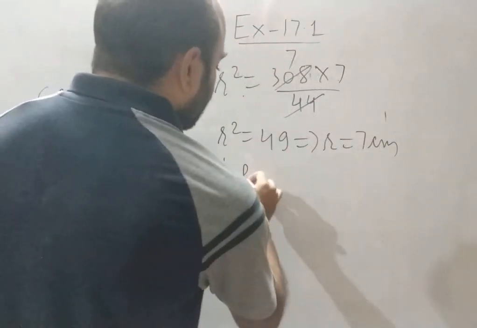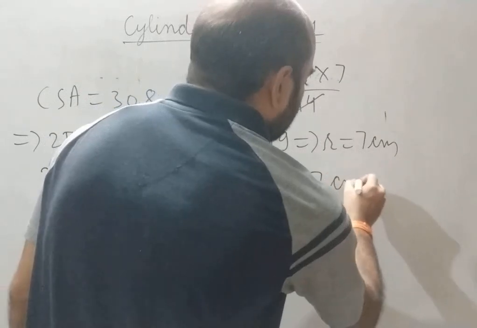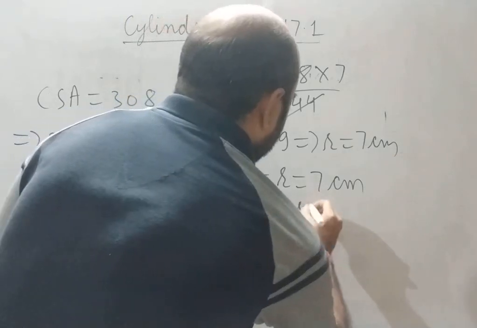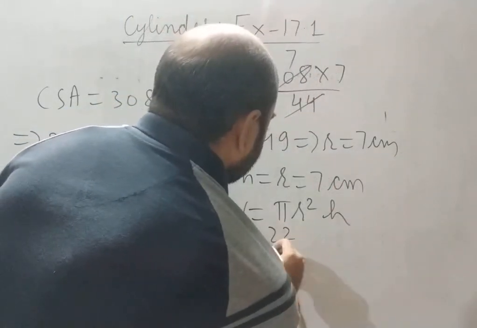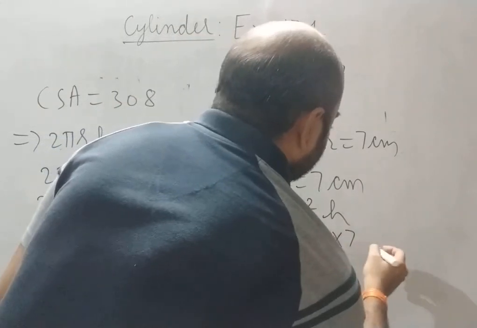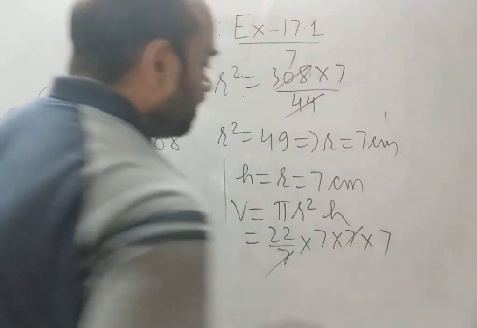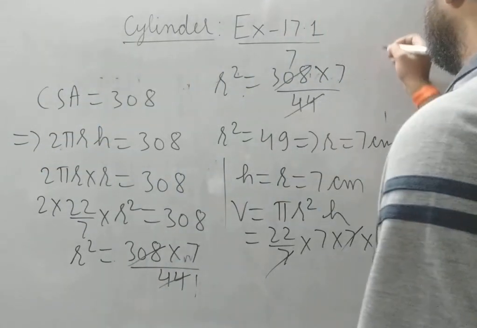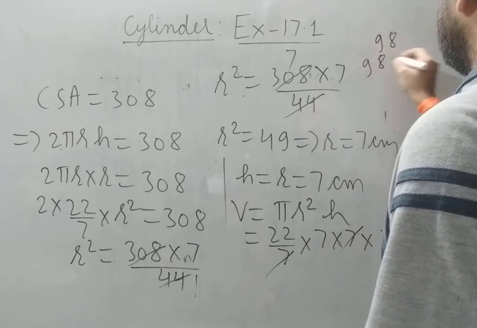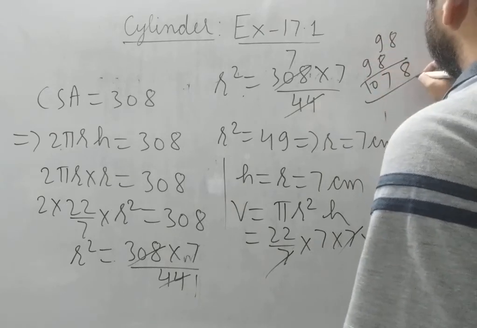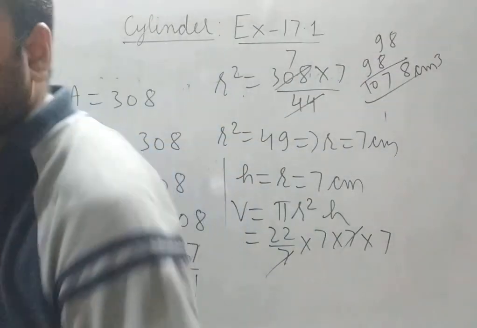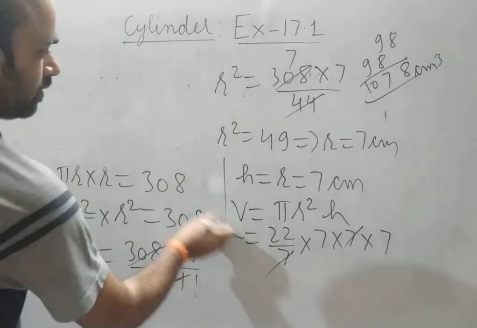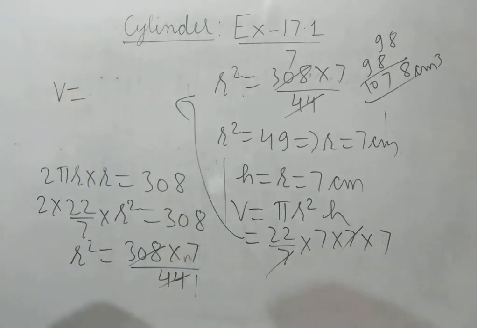And we have calculated H is equal to R. Both are the same, that is 7 centimeter. Correct? So volume will be pi R square H, 22 by 7 into 7 into 7. Cancelled. That is 22 into 49. The answer is 22 into 49, which is 1078 centimeter cube.